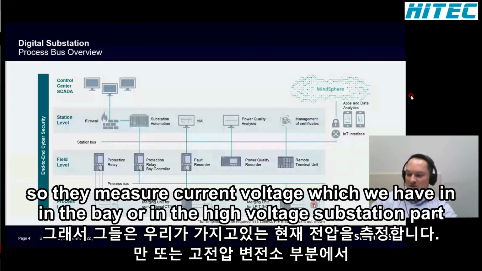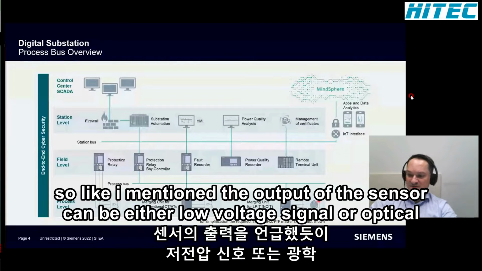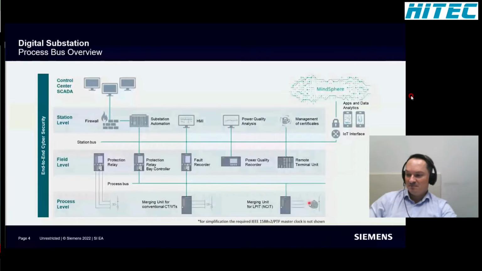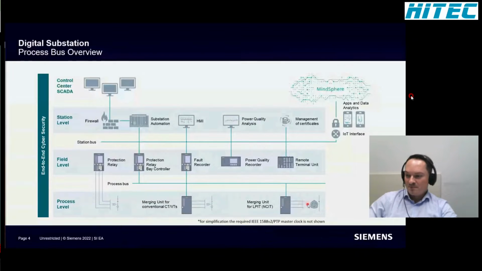So they measure current and voltage, which we have in the bay or in the high voltage substation part. So like I mentioned, the output of a sensor can be either low voltage signal or optical fiber output. And we connect those outputs or those sensors to our merging units.